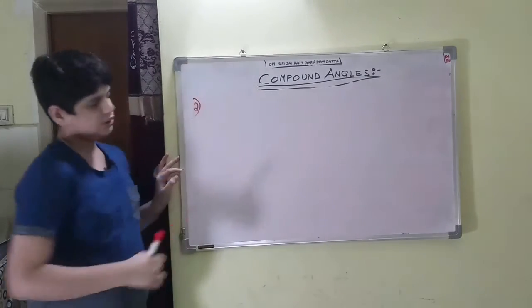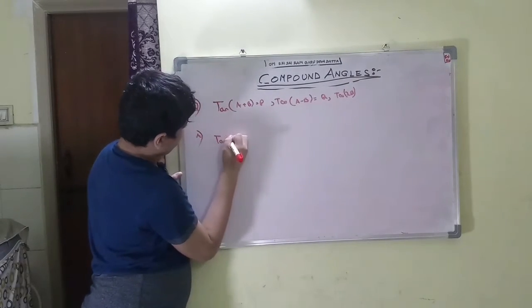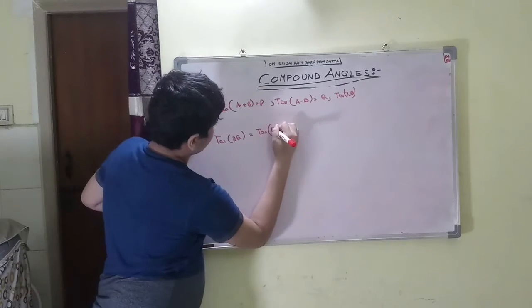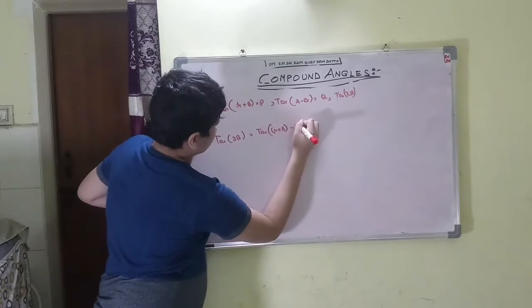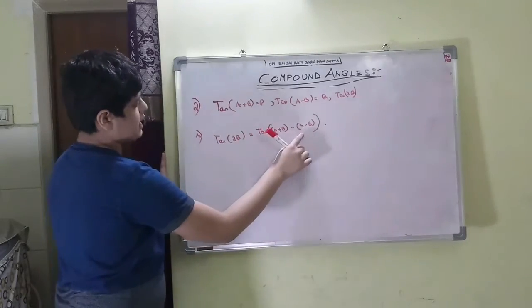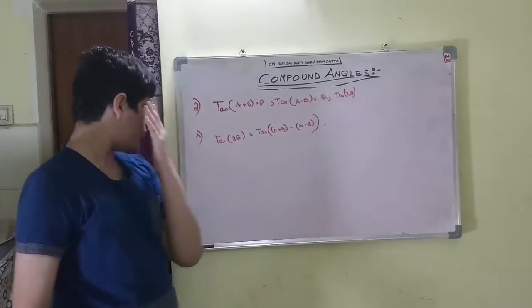Now for the second one, tan of 2b we can write as tan of (a plus b) minus (a minus b). Then it will become a plus b minus a plus b, then a and minus a will get cancelled, and it will be tan 2b.